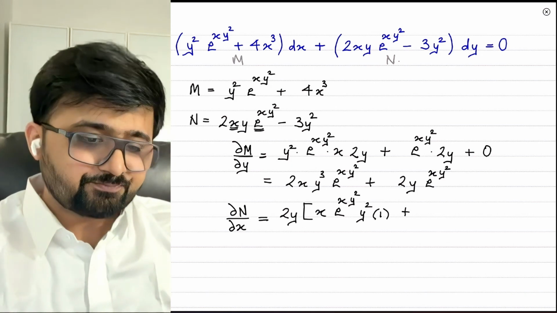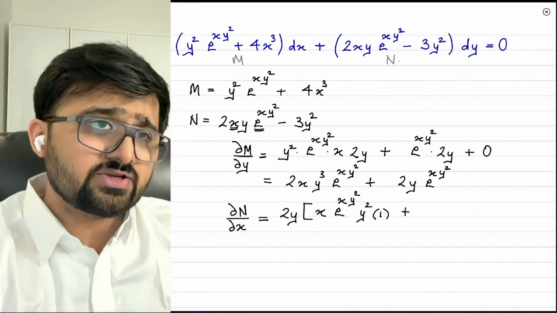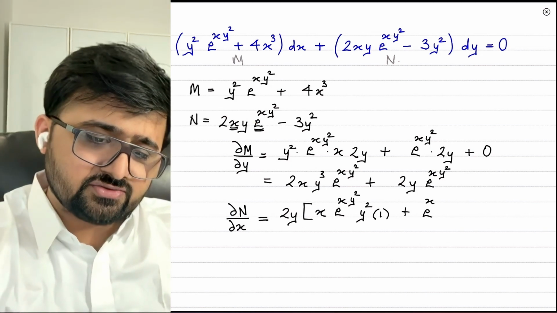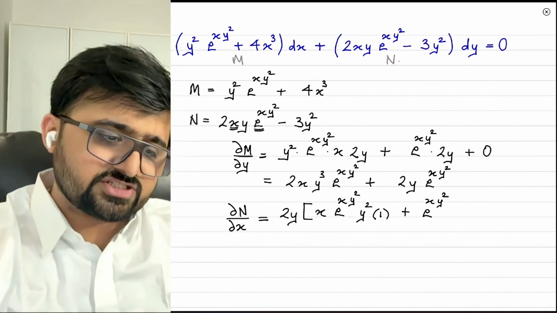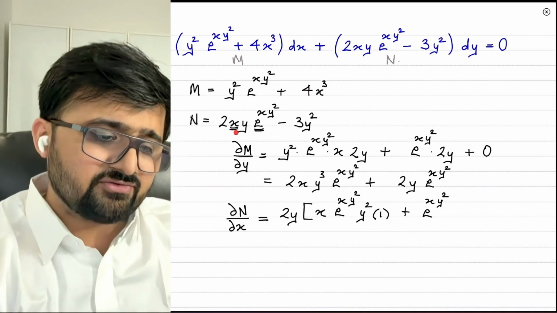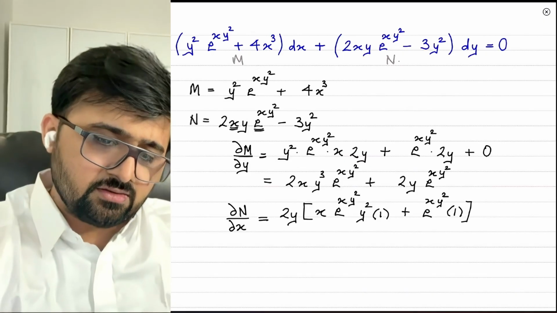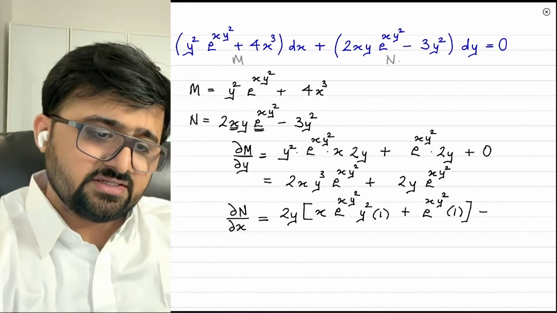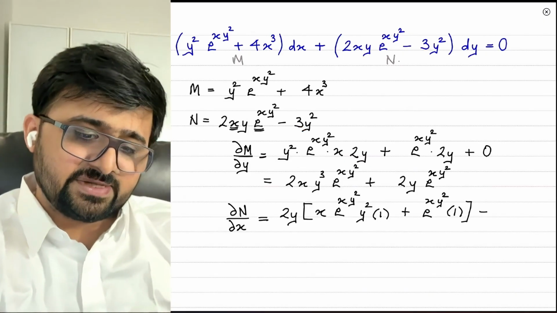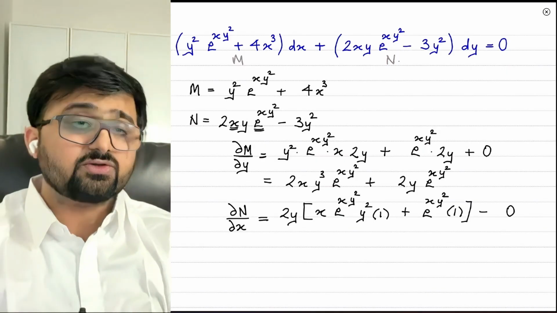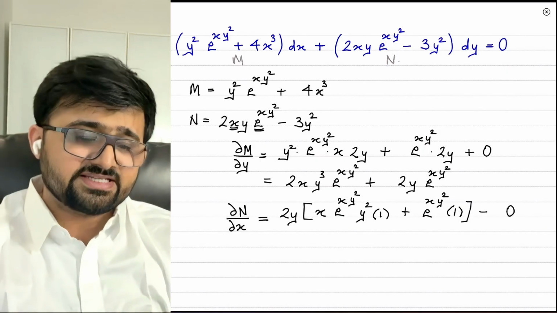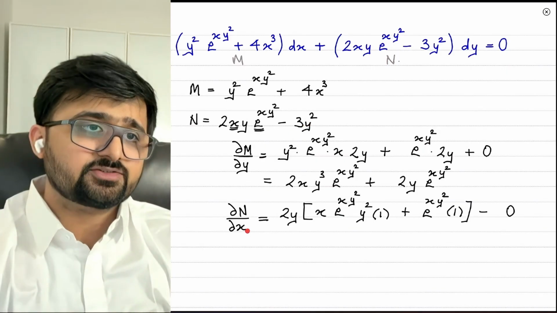Plus, now keep e^(xy²) constant and take the derivative of x, which with respect to x is 1. The derivative of the other part with respect to x is again 0, because the derivative of y² with respect to x is 0.